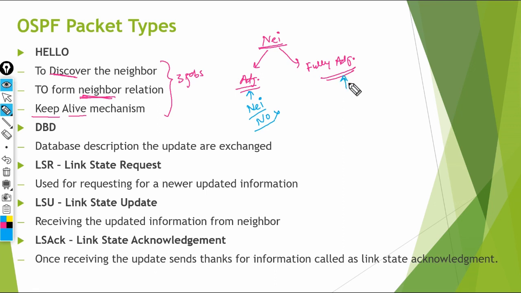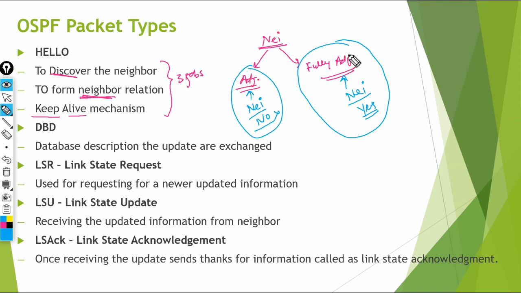In the case of fully adjacent, we are neighbors, and we will also exchange the routing updates. So remember, in OSPF 2 types of neighbors will be there, adjacent and fully adjacent. With adjacent, just neighbors, but we will not exchange routing updates. With fully adjacent, they are neighbors and they will exchange the routing updates as well.